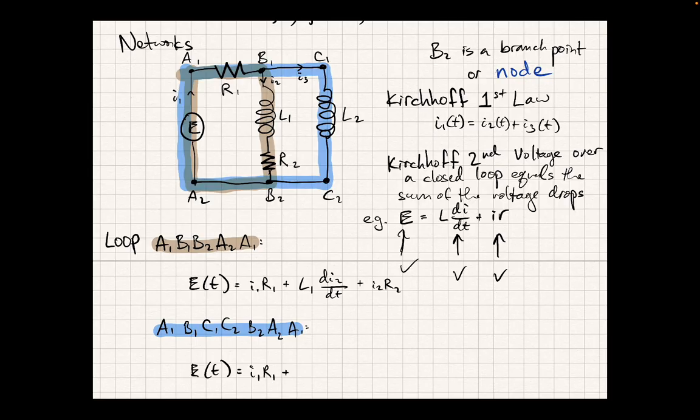Is it I1 R1 plus I3 R plus L di/dt? I1 times R1, yeah, I1 R1 gives us this. Then plus I3 L2.